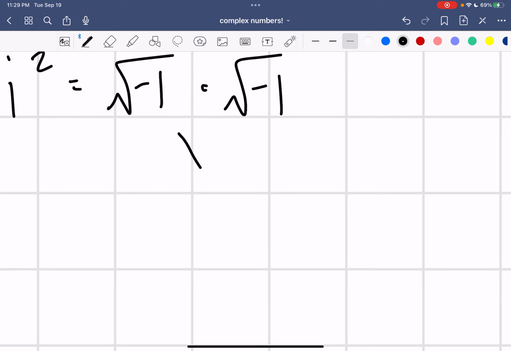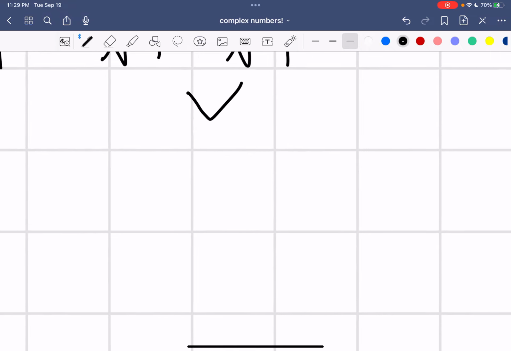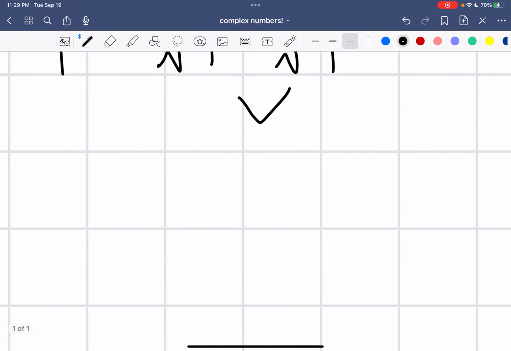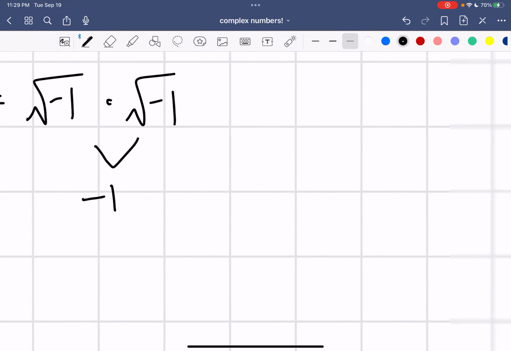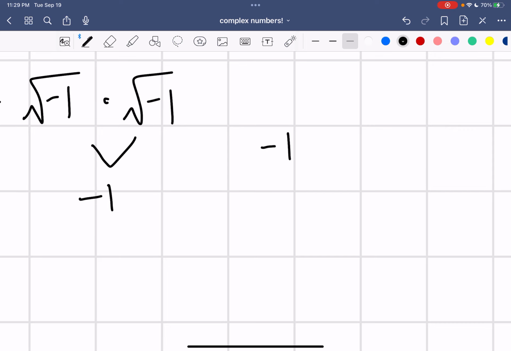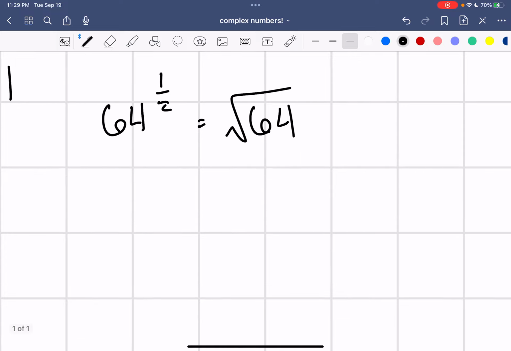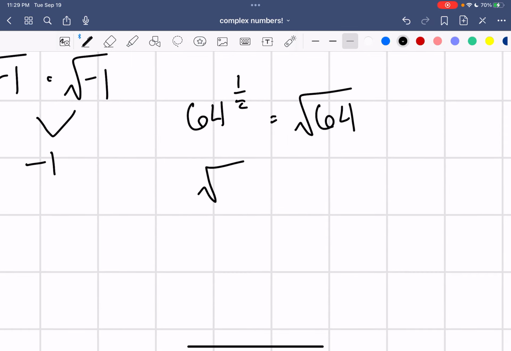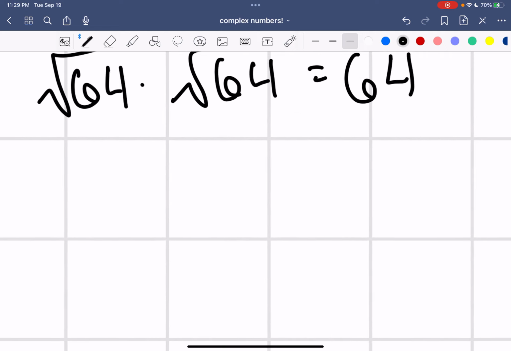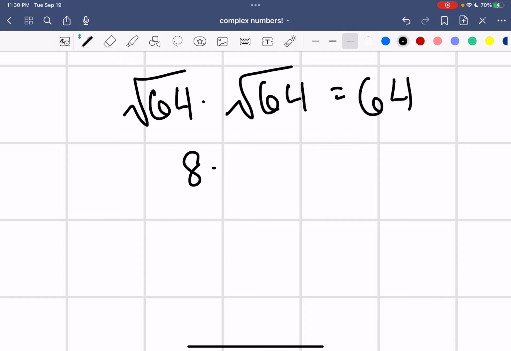And you know when you multiply a square root by another square root, it equals the thing inside. Because we learned that this raised to the power of something is also the same as this, and that this times this is equal to 64, because if you simplified it, it's 8 times 8.